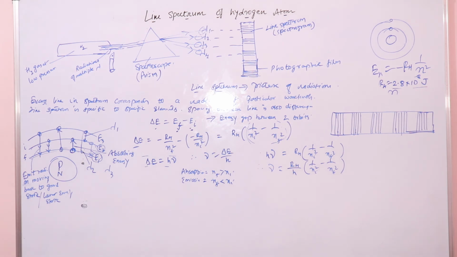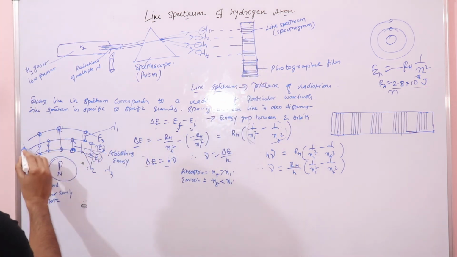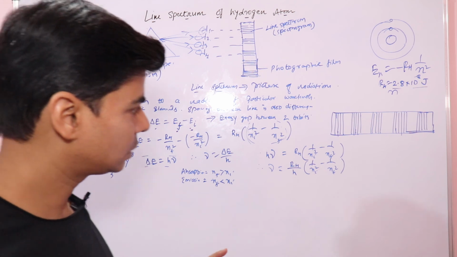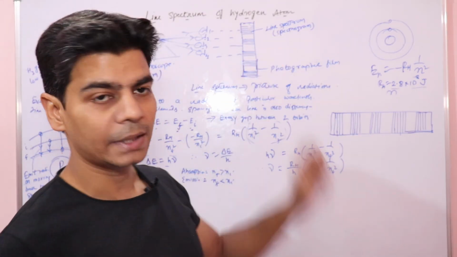And we have already said that each spectral line that you see in the spectrum corresponds to a particular transition. Each line that you see over here corresponds to a particular transition between two energy states, right? Similarly, there is a question once asked that hydrogen gas consists of one electron, but you see there are many lines in the spectrum.